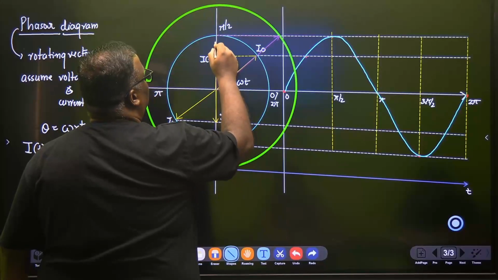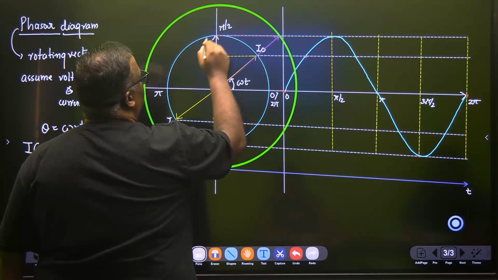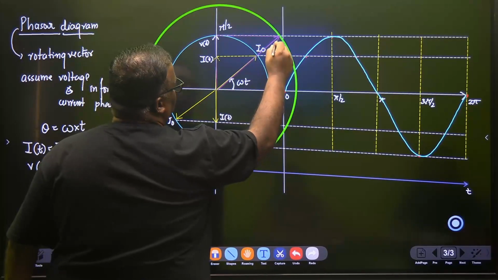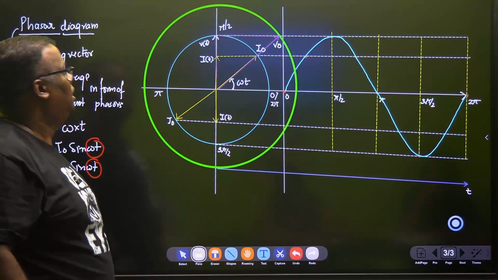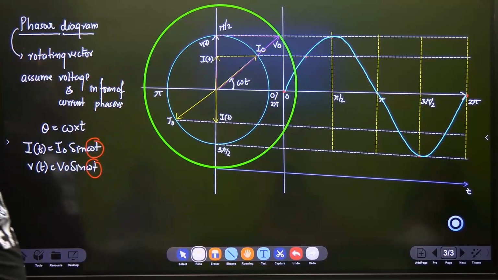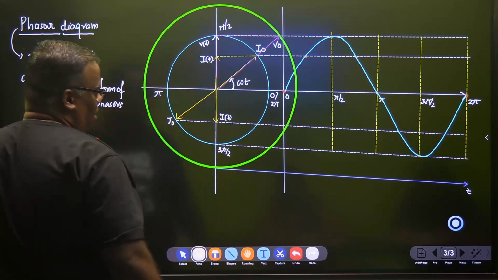This would be the voltage V at t, the instantaneous voltage. This is V at t, because this violet is V naught. Its projection will be V at t. Have you understood? Right?